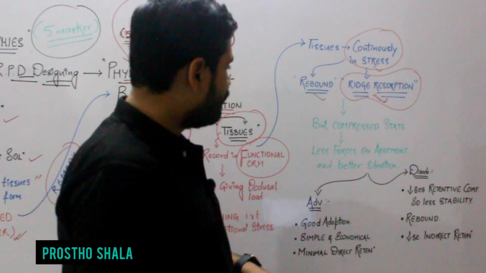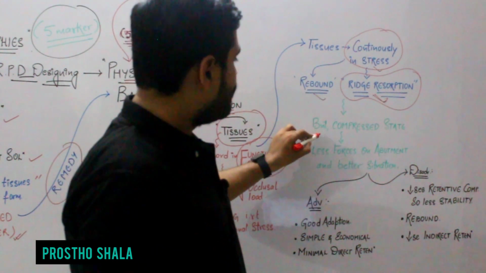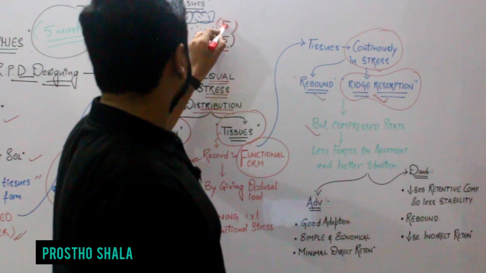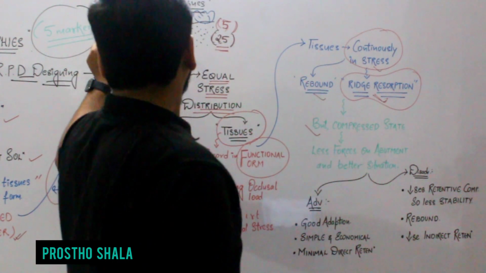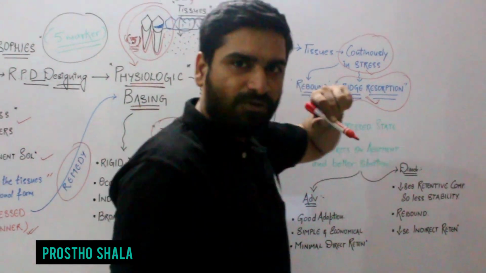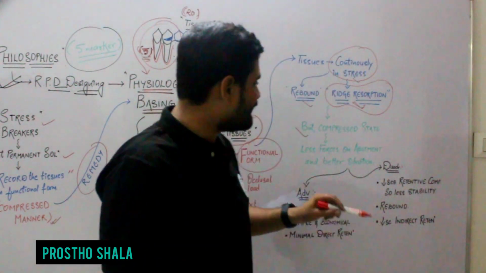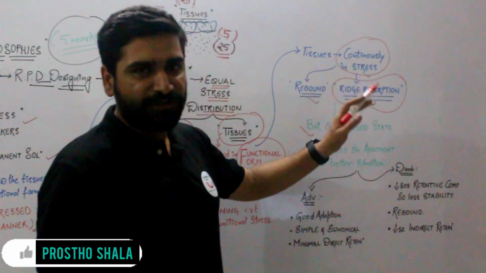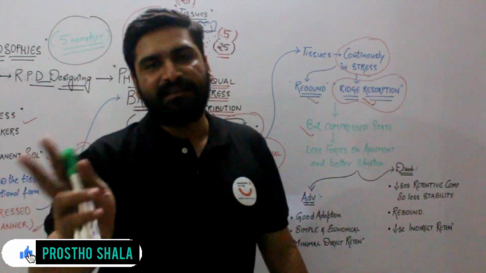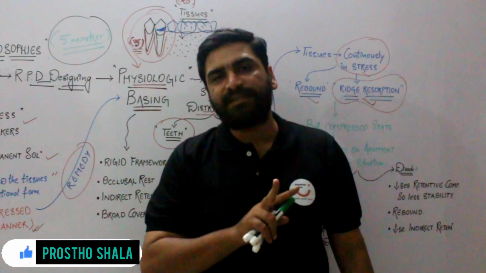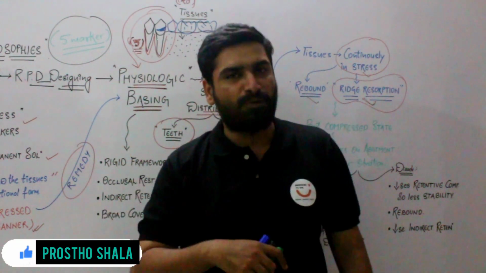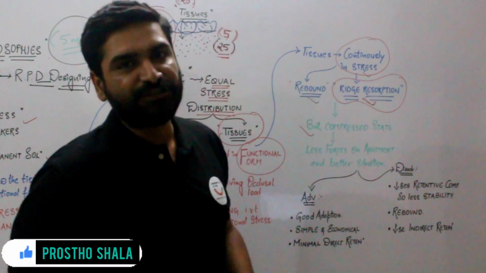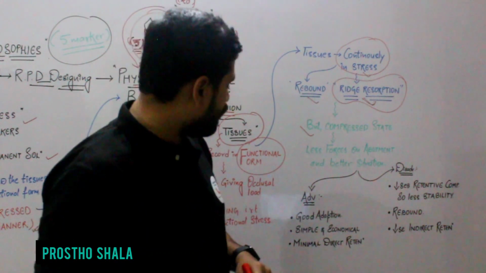But due to this compressed state, the values become equal, so less load or force acts on the abutment teeth. So the abutment is safe, but now the tissue is compromised in this theory. In the initial two philosophies, the abutment teeth were compromised. Now the thinking is to compress the tissue and let it get compromised.